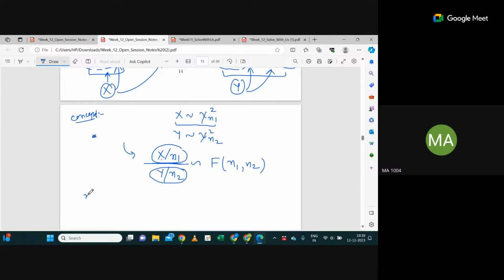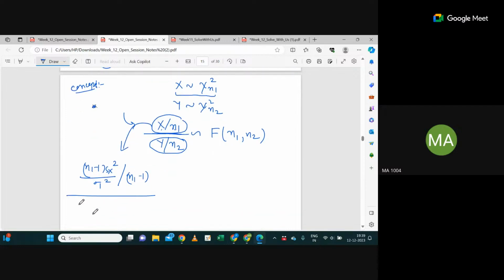Basically, it will follow (n1 minus 1) Sx squared divided by sigma 1 squared, divided by n1 minus 1, over (n2 minus 1) Sy squared divided by sigma 2 squared, divided by n2 minus 1.